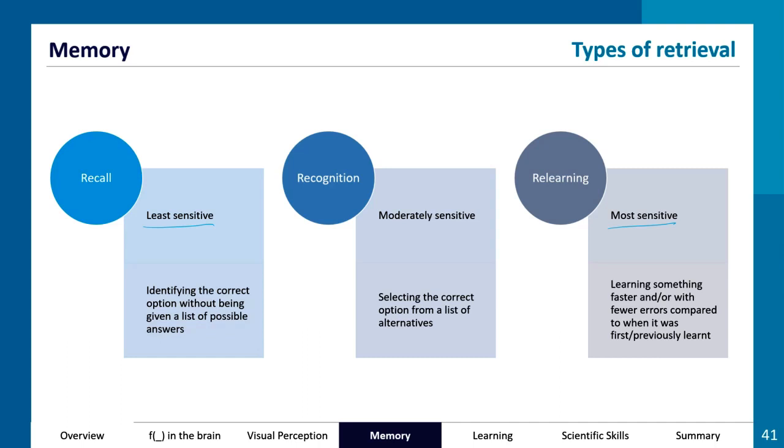Relearning, on the other hand, would be if you learn something faster and/or with fewer errors compared to when you have learnt it before. So if you are doing your practice tests and you're getting a higher score on them, then this could be used as evidence of relearning and thus as evidence of retrieval and the memory existing.